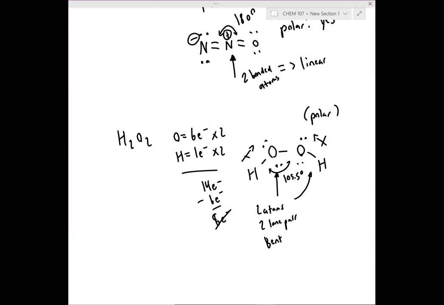So this one, the 2 oxygens are all considered a central atom. Yes, the 2 oxygens are each considered a central atom. But this time, why don't we calculate the formal charge? We can, but they're both 0.